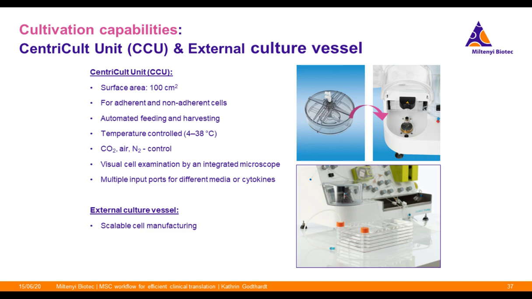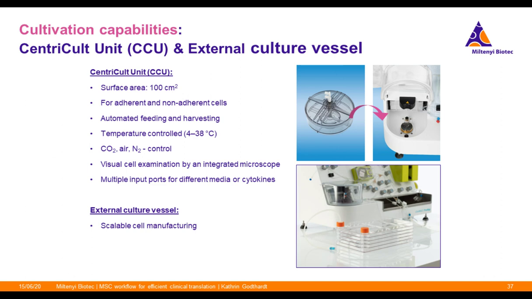So we have a temperature control because the Centricult Unit is placed within the device and is part of the whole tubing set. And the device is also supporting this Centricult Unit with a defined atmosphere, so CO2, for example, 5% CO2, 10% CO2, whatever the cultivation requires.